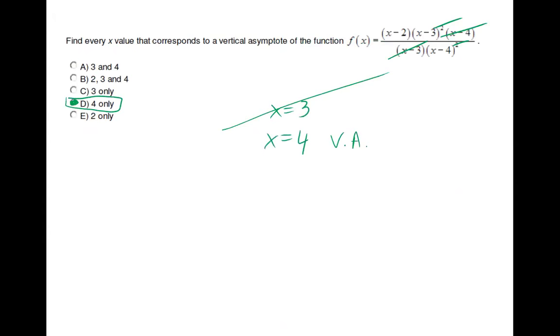Please do not pick the option x equals 3 and 4. Because when you can cancel out, the limit is just not infinity. Because as soon as the 0 is gone from the denominator, then it's not infinity. Okay, please do not miss this type of question. Okay, what else?